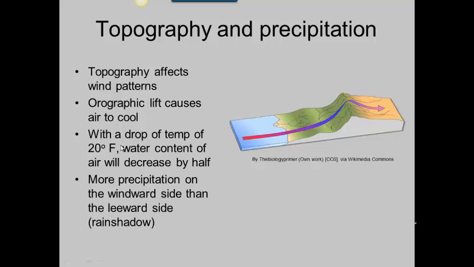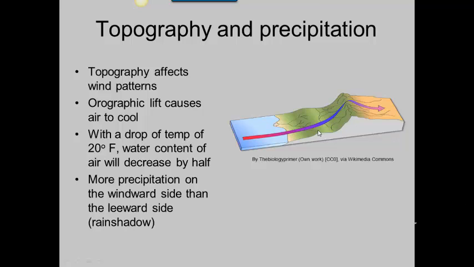You also know that a drop in temperature is going to mean that the air mass can hold less moisture. So this note right here says that with a drop of temperature of 20 degrees Fahrenheit, the water content of air will decrease by half. So as you go up in elevation and air masses cool down, they can no longer hold as much moisture.